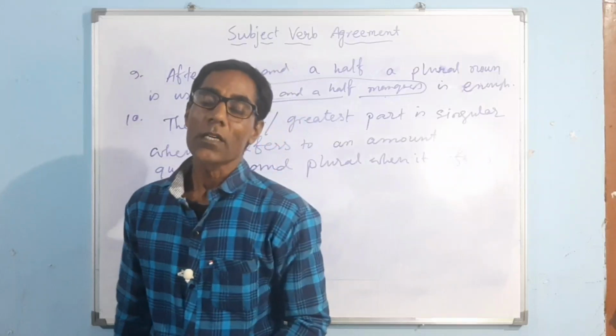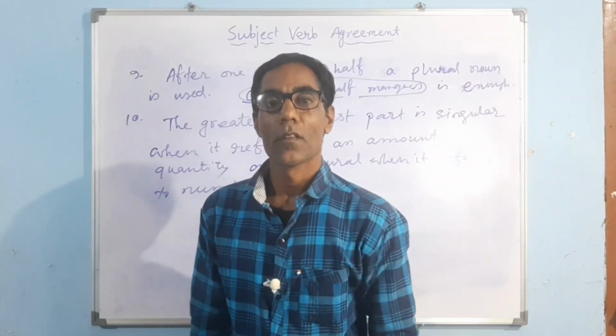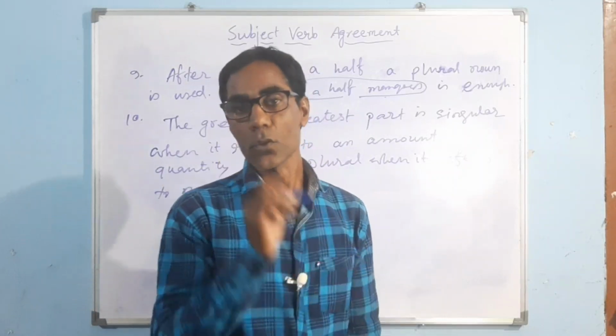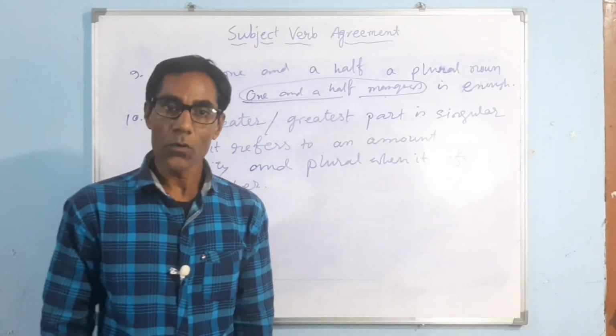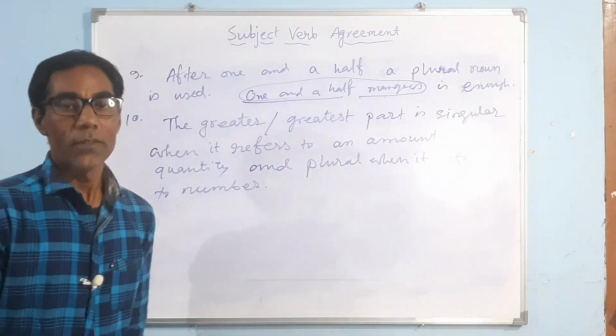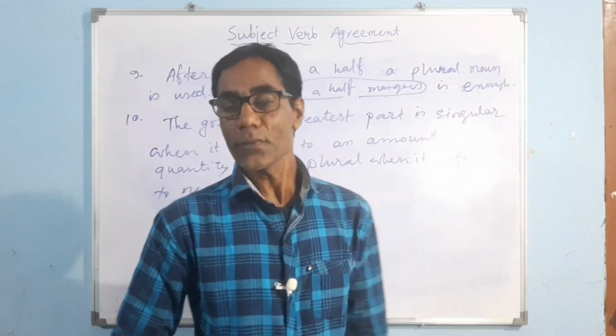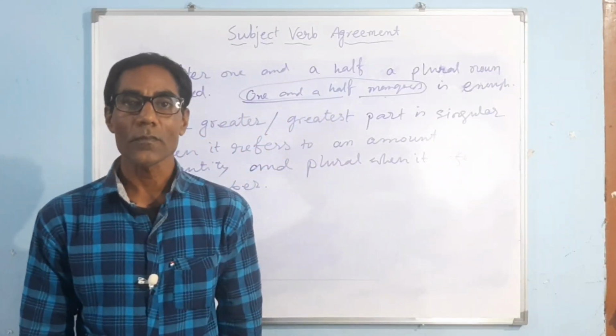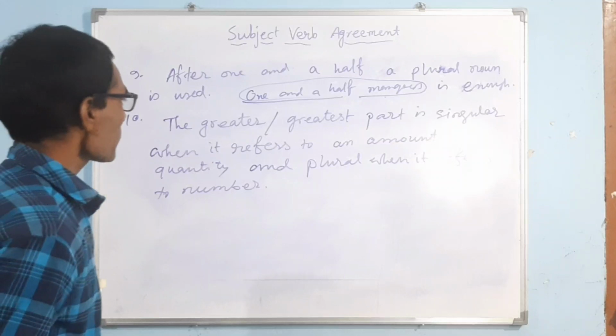The greater or the greatest is considered as singular when they refer to an amount or quantity. But they are plural when they refer to a number. Like this, look at one example.